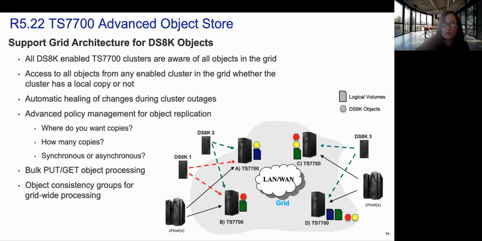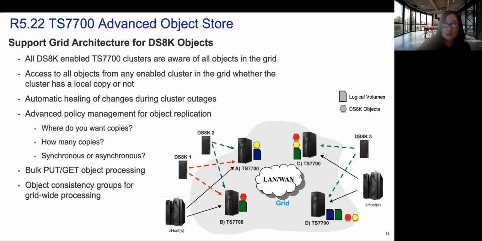Now, let's say cluster B needs to come down for maintenance. That red object can still be accessible to DS8001, even through cluster A, even if it doesn't have a copy. So if cluster B is offline and the host says I need to recall the red object, DS8001 through A can pull that copy over, doing a remote read of that copy from C or D, whichever is the fastest that it can do.